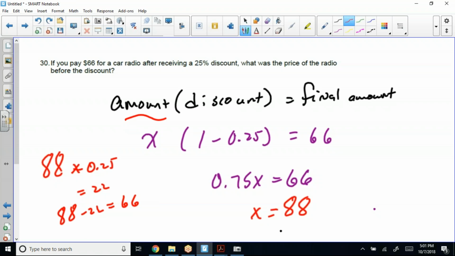But if you write it out like this, it'll make a little bit more sense, and it'll give you a little bit more of an opportunity to get this. Now, again, I said amount times the discount equals final amount.